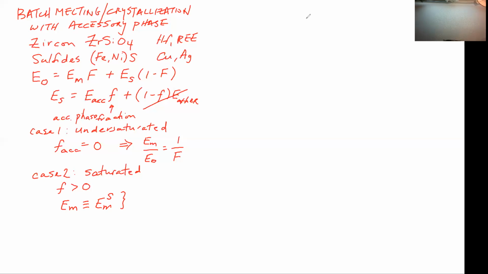So let's draw what this might look like. If I were to plot Cm over Em, okay, over E0, and this is F, and we're going to track the evolution of the melt.